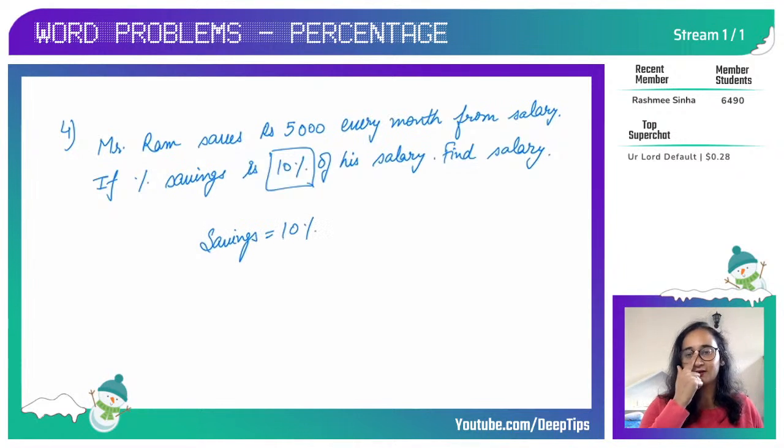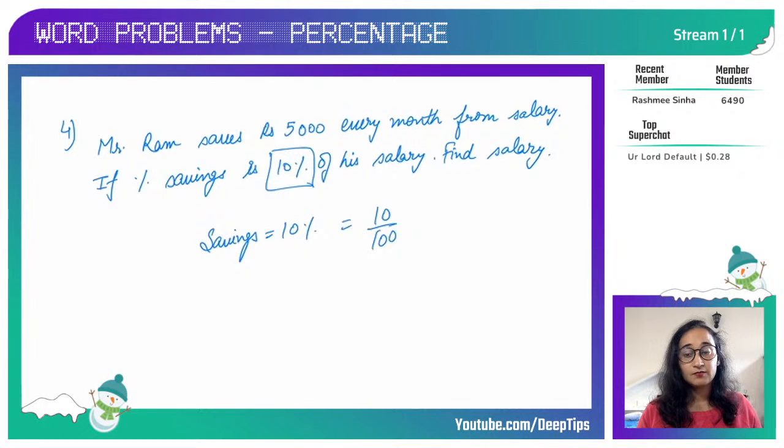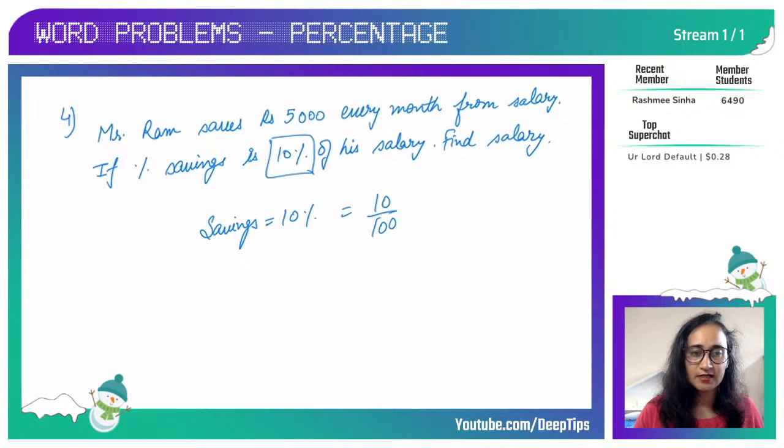So we can write, savings are 10%. So what is the meaning of 10%? 10% means 10 by 100. It means for every 100 rupees Mr. Ram saves rupees 10, correct? But what we have to find? We have to find salary. So I told you a rule that whatever you have to find, keep it on the right hand side of equals to.